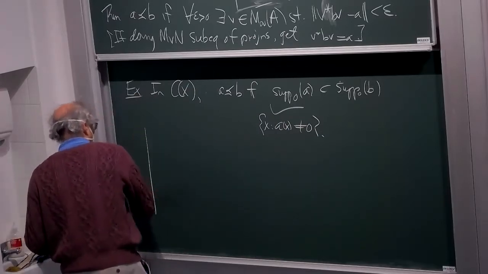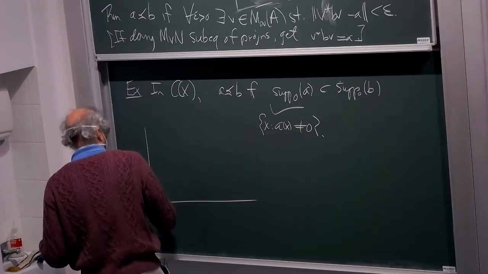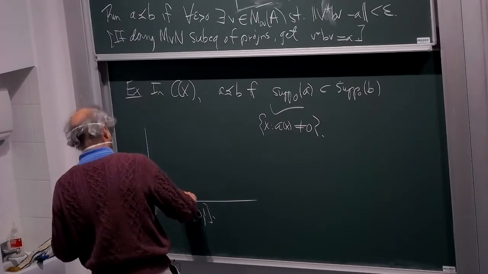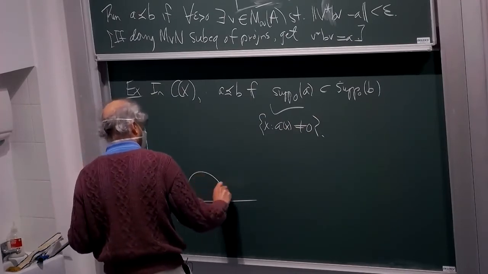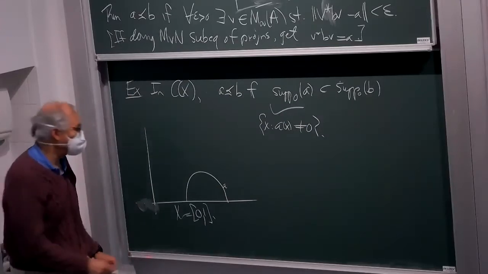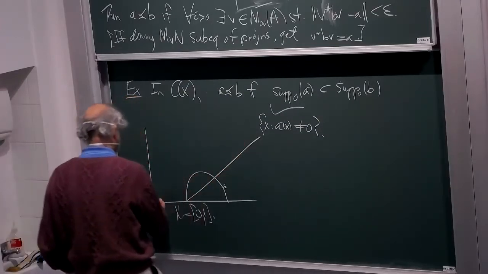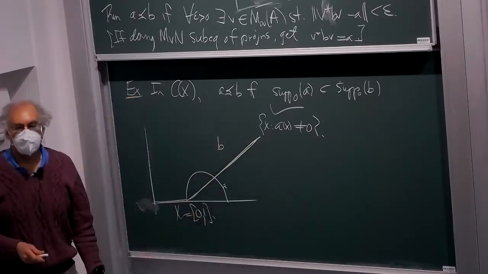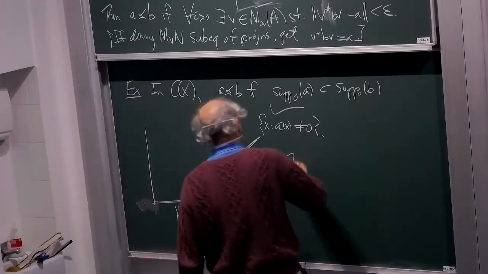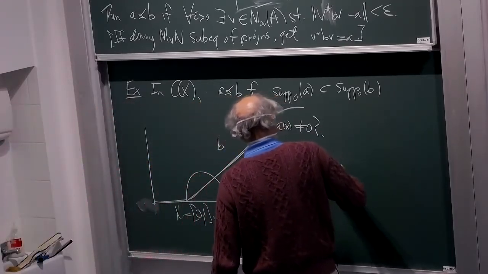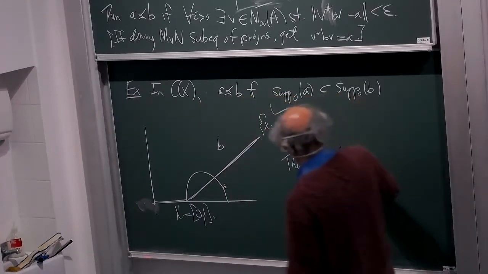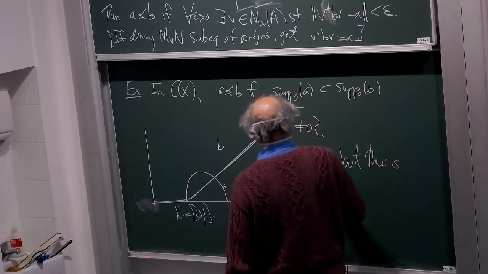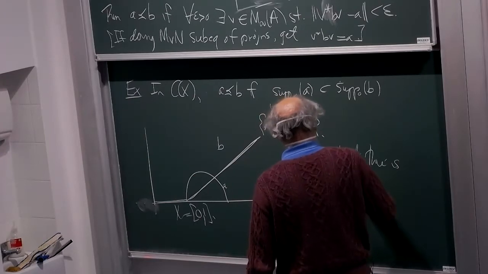So here is a picture. Let's say X is [0, 1]. And this thing here is A, and this here is B. So then A is Kunz subequivalent to B, but there is no V such that V star B V equals A, right?